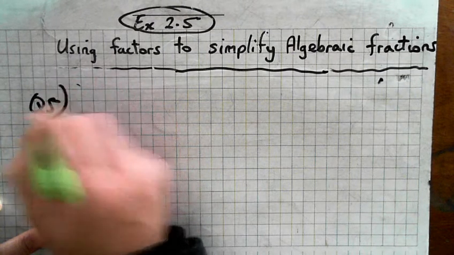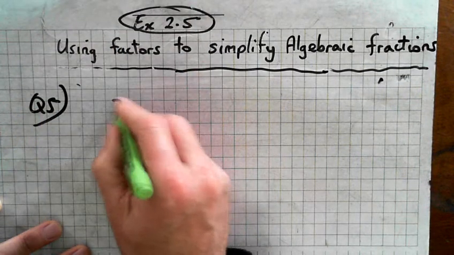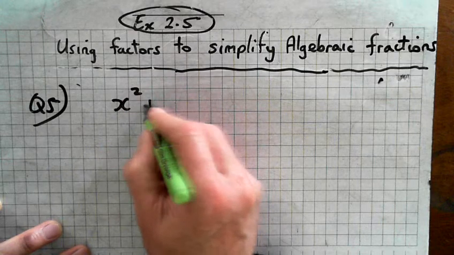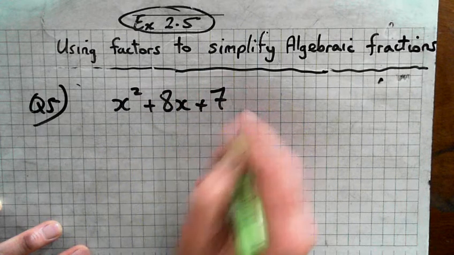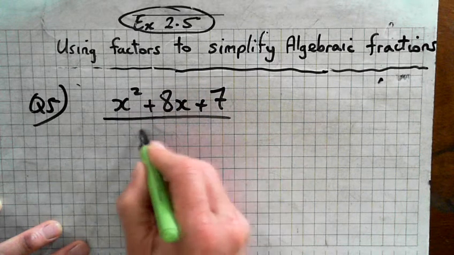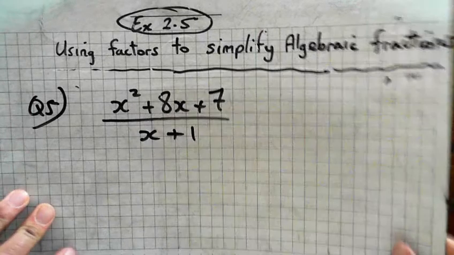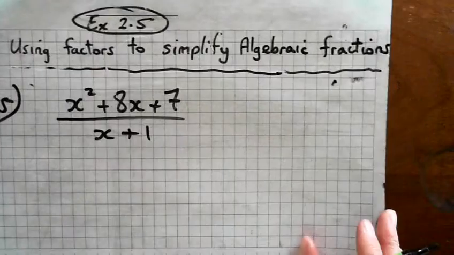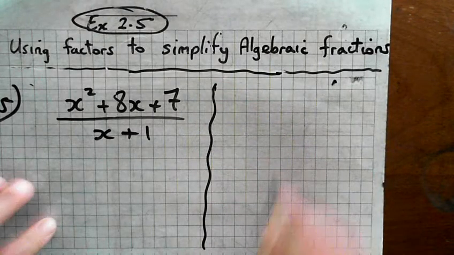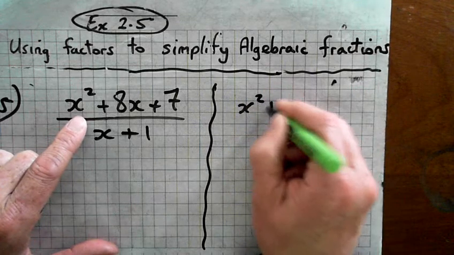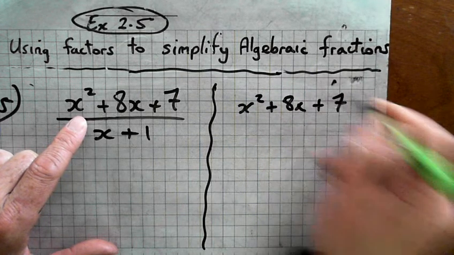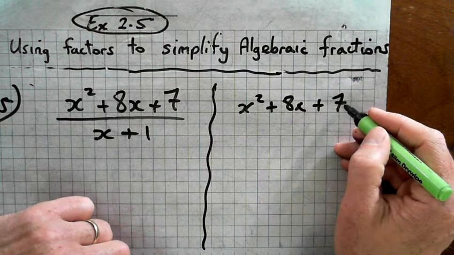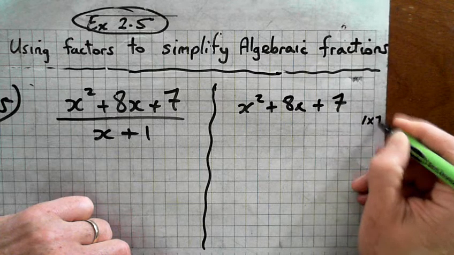Question 5. Now we have to do something here. Now we have to factorize. Watch. We'll do the rough work over here. x squared plus 8x plus 7. What are the factors of 7? 1 times 7.